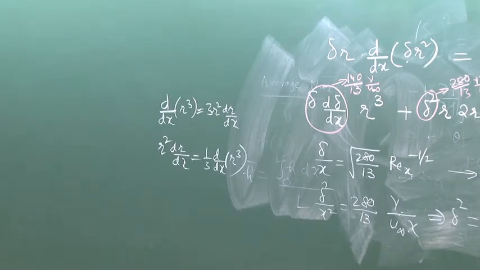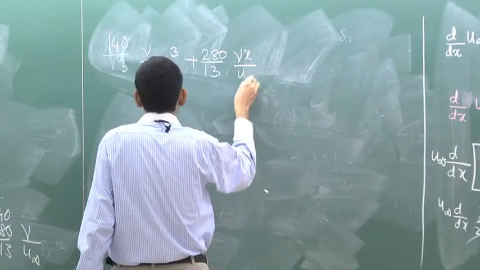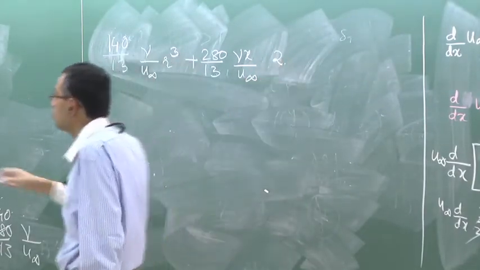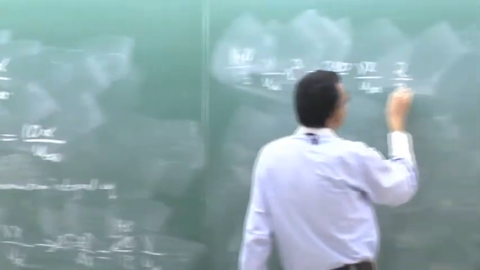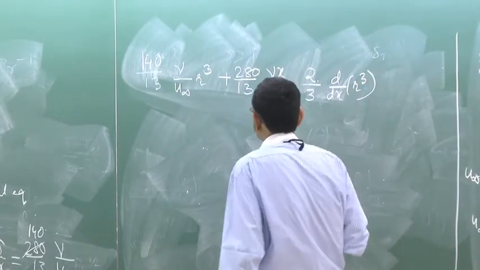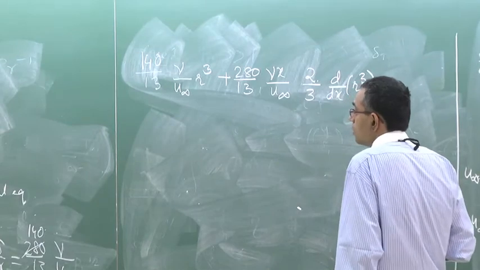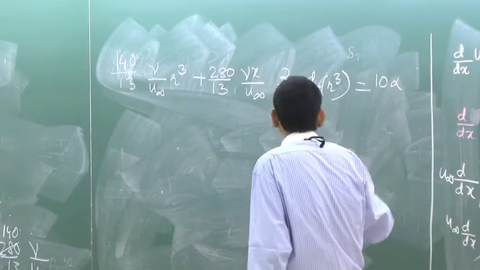So 140 by 13 nu by u infinity r cube plus 280 by 13 nu x by u infinity into 2 into r square dr dx, which is 1 by 3 d dx of r cube, is equal to 10 alpha by u infinity.